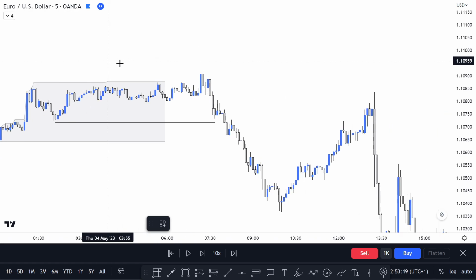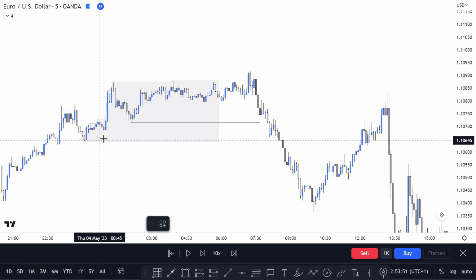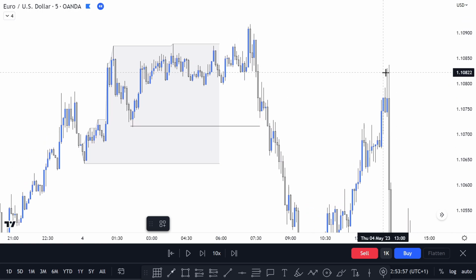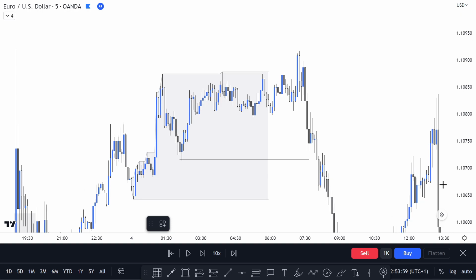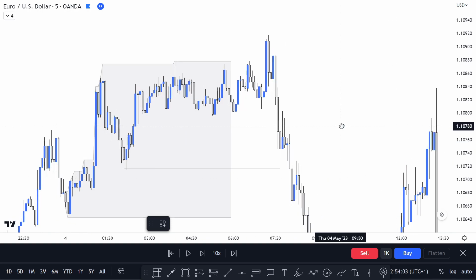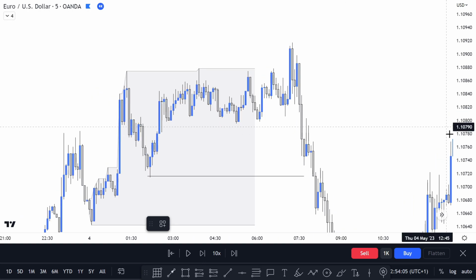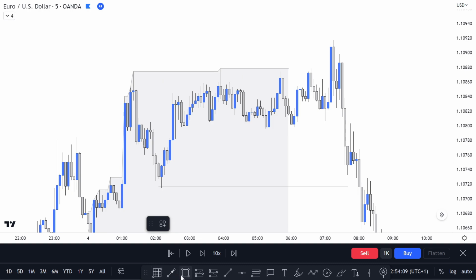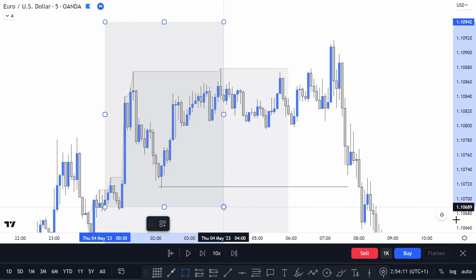Also, you can see that immediately after that happened, the next thing you want to look out for is the change of character. So let's talk about change of character. Change of character is the first intention of the market changing direction, and this is where most people get confused. So we're going to use this zone as a case study.